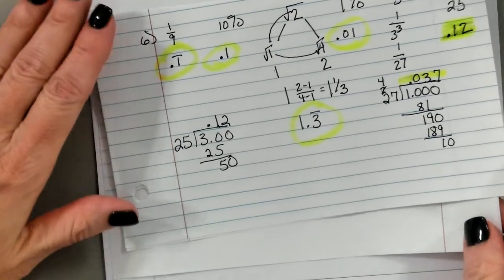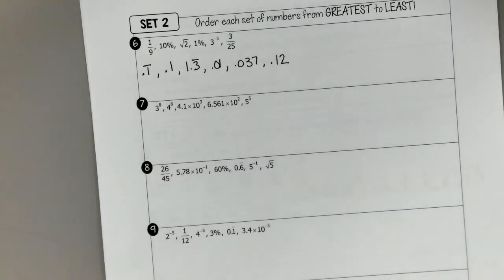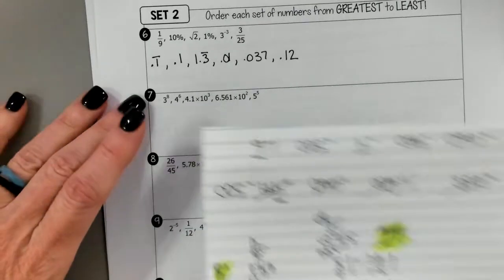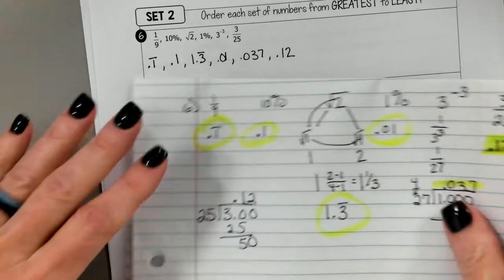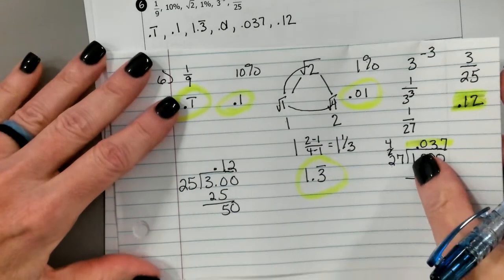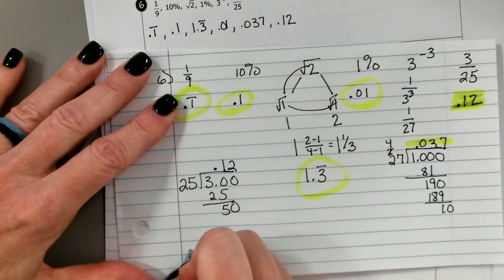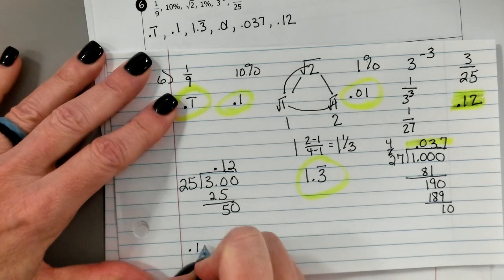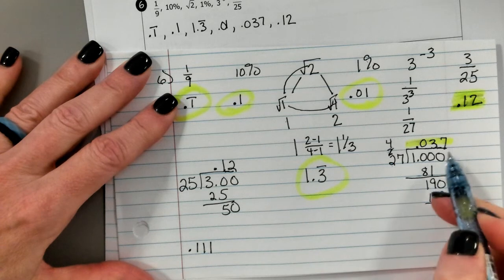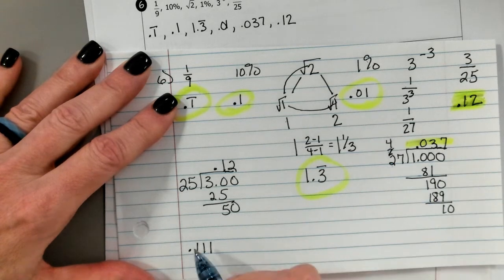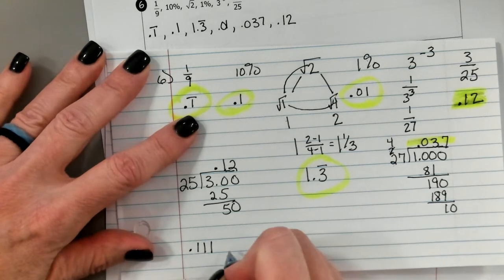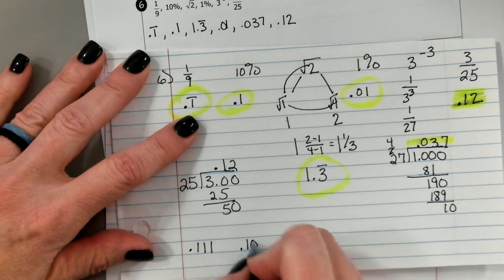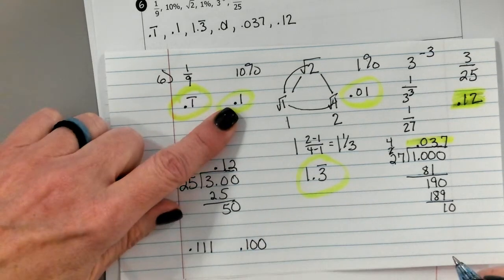Let's make them all the same size. I'm going to make them 3 places because that's my biggest place here. So I know I got 3 1s. I'm going to add 2 zeros to this one.